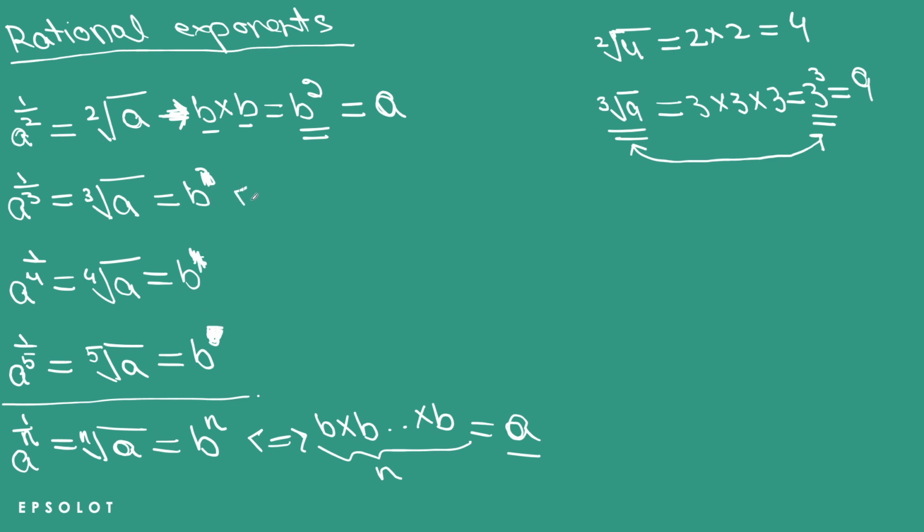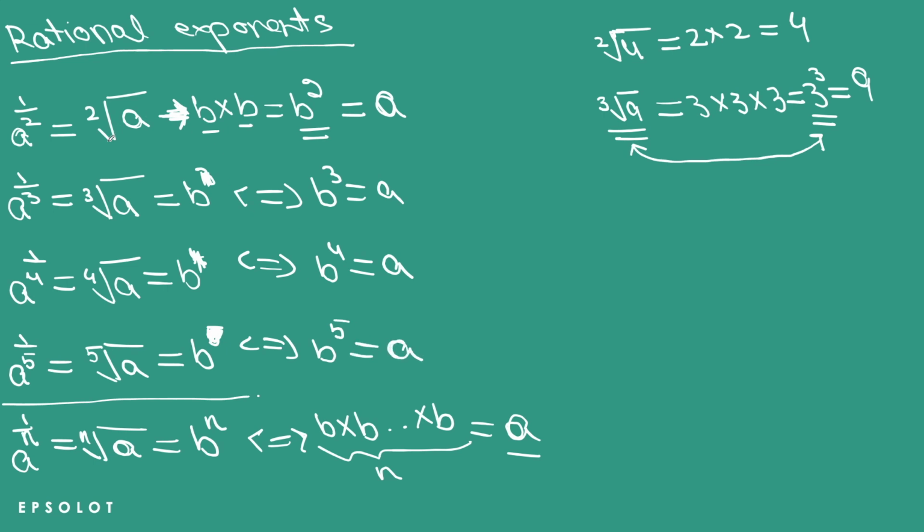I'm going to rewrite this right here, because b to the power of 3 gives you a, b to the power of 4 gives you a, b to the power of 5 gives you a. And that's what we saw on the previous slide: the square root of 4 gives us 2, the cube root of 27 is 3 because 3 cubed is equal to 27, and the fourth root of 256 is 4, because 4 raised to the power of 4 gives you 256.